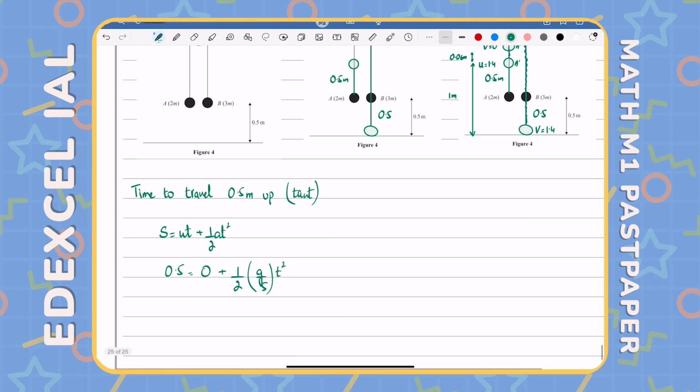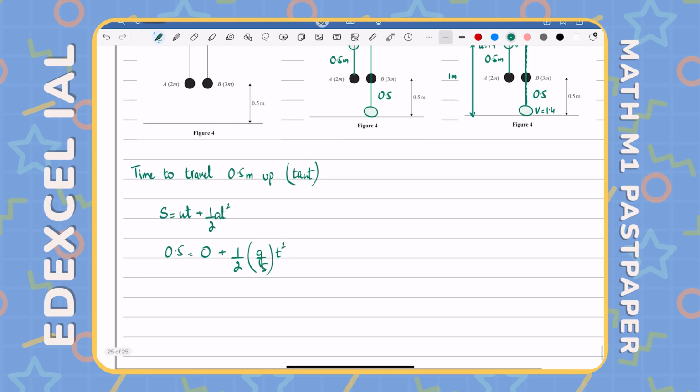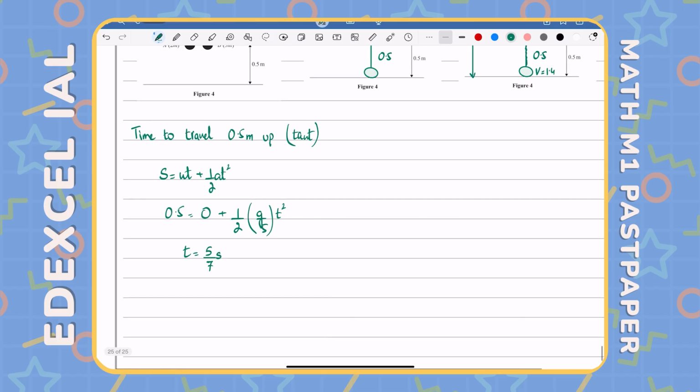Okay, so let's work this out. 0.5 times 2 times 5, divided by 9.8, take the square root of it, so you have 5 upon 7. t is equal to 5 upon 7. Not the final answer, obviously, this is the time taken to travel 0.5 meters above the ground.